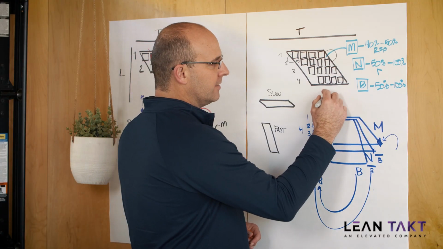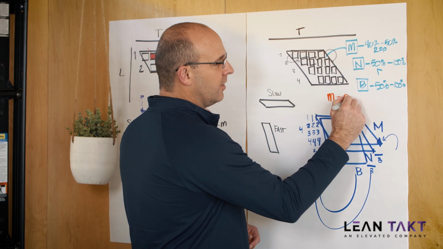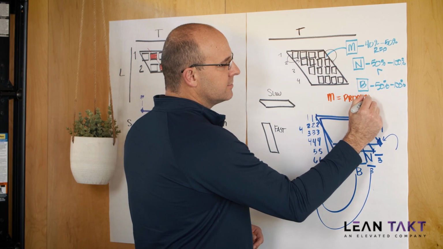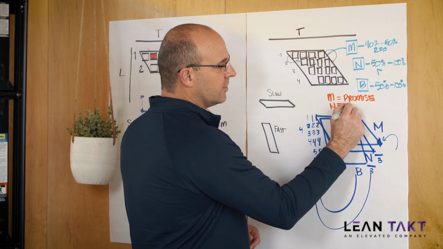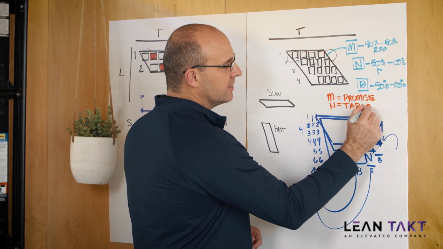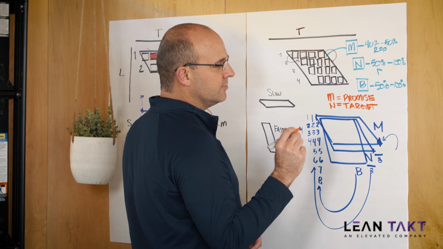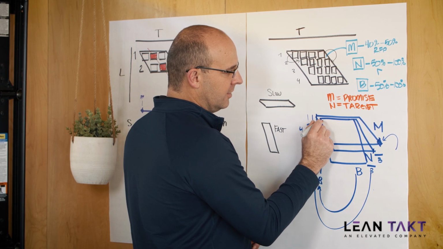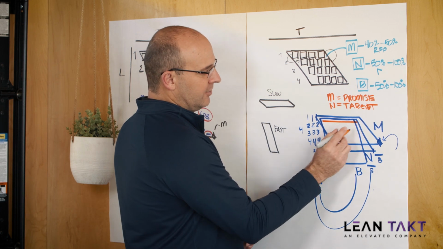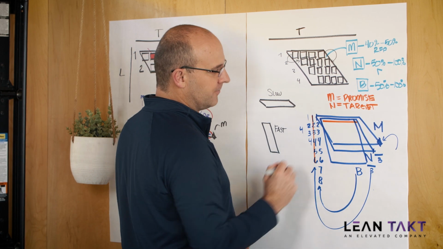Your macro, let me write this down, is your promise to the owner. Your norm level is your target. This is what you're attempting to do with your trade partners once you have, and I'll just go ahead and draw this here, once you have that pull plan and you know how many zones that you want here, okay?